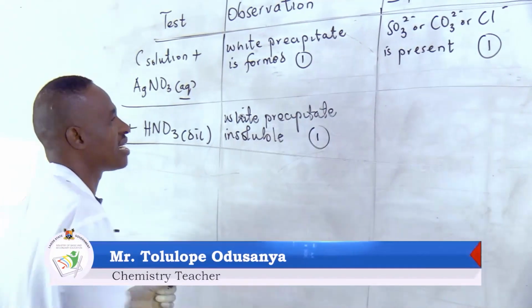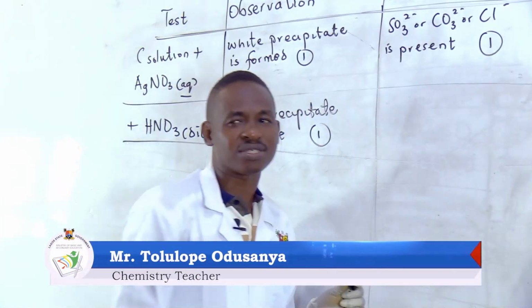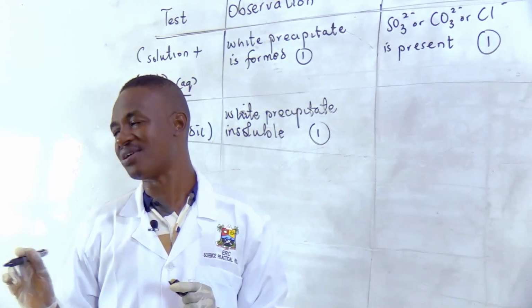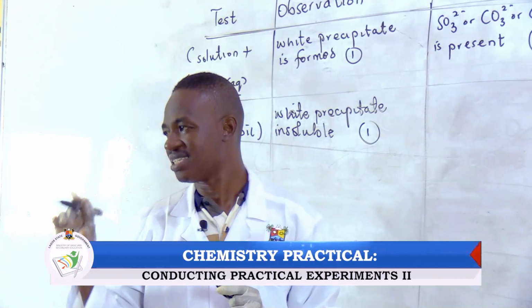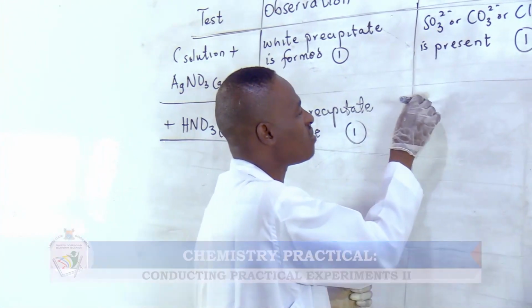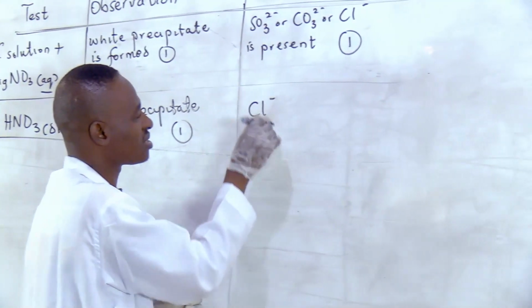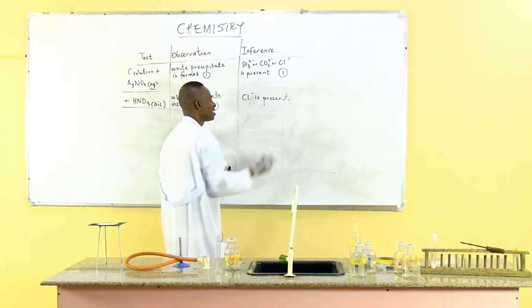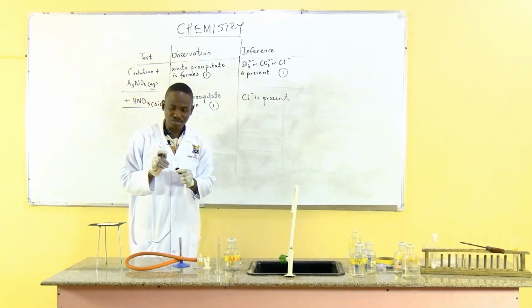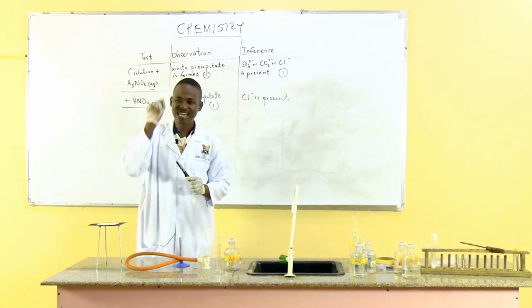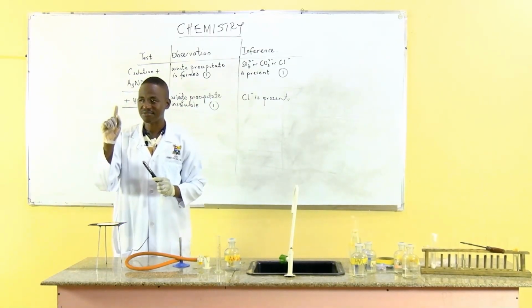Then this 1 mark. So out of these anions that you've mentioned before, it is only chloride ion that is insoluble in HNO3. So here we expect you to put Cl minus is present. Do you still remember what I told you earlier? That any wrong inference attracts negative mark.